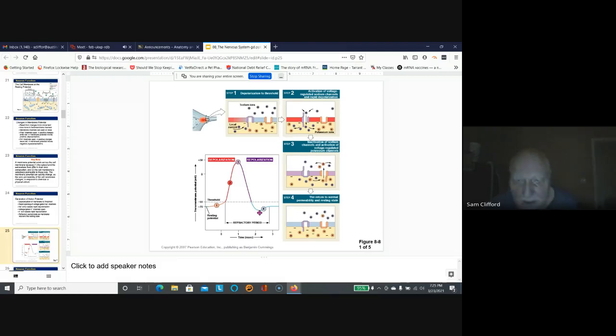So that's the time that the nerve has to reset. This is a picture of a wave of change that flows down the nerve to carry an electrical signal.